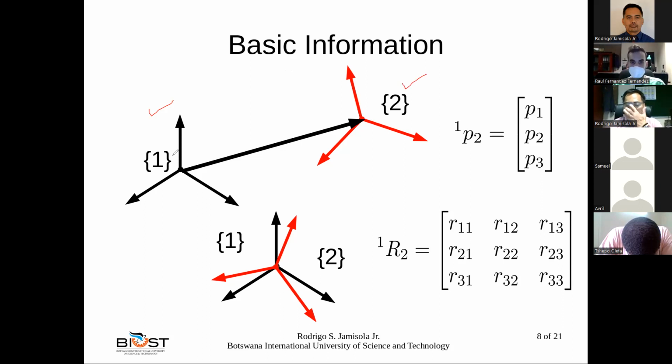When we consider position, because of that, we can consider only the origin, that origin point with respect to the X, Y, and Z axes of frame 1.